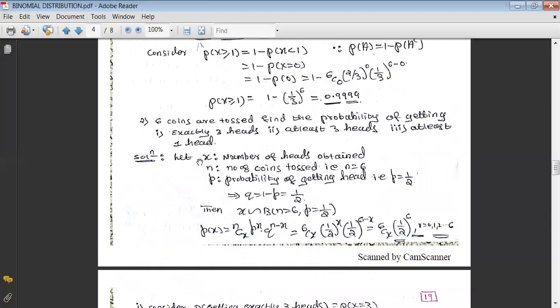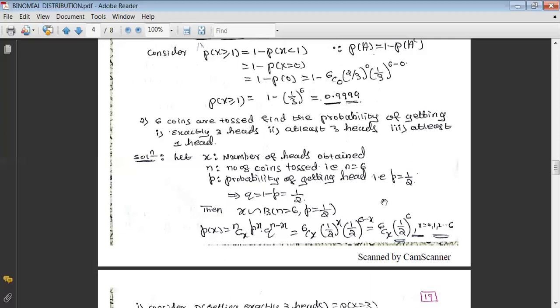That's why let us define the variable x as number of heads obtained, and we define n as number of coins tossed. In this case, they are given 6 coins are tossed, that is n equals 6. And p, in general, we have said p is the probability of success. In this case, success is getting head. Therefore, let us say p is the probability of getting head.